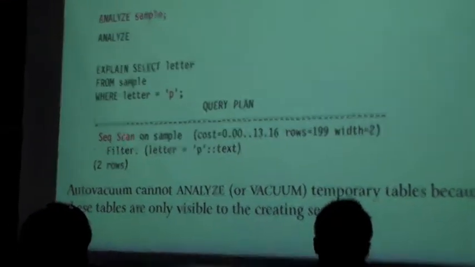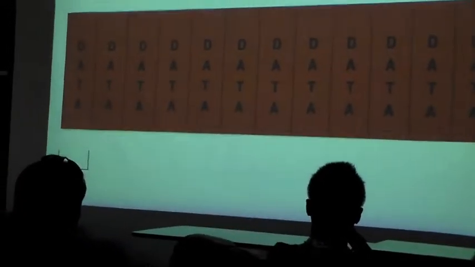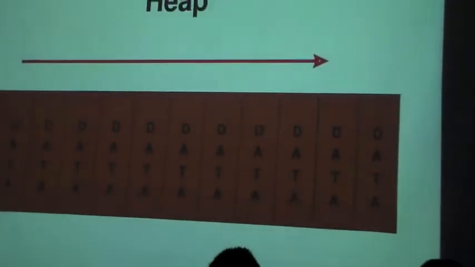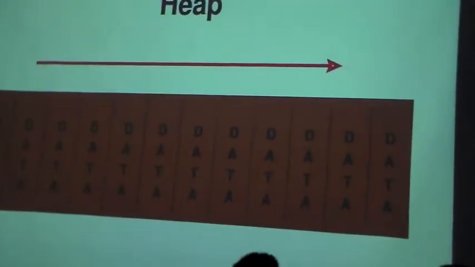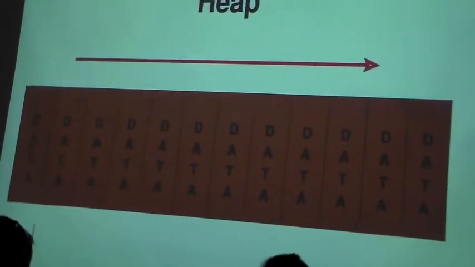That P, which used to be an index scan, is now a sequential scan. A sequential scan is effectively saying, start at the beginning of the table and read all the rows to the end of the table. Very straightforward, just read everything. This is the easiest one to understand. Why did I choose a sequential scan?